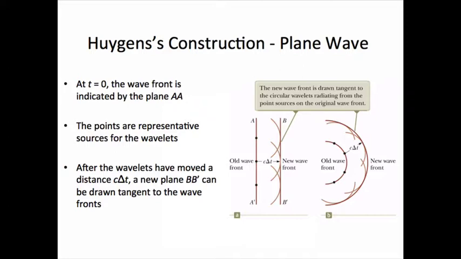And since we're in a uniform medium, all those little wavelets are travelling at the same speed. And so the new wavefront is the line crossing the front of all the wavelets, because the sideways parts of all the wavelets cancel out and only the forward travelling parts add up to get a new line that is the new wavefront.